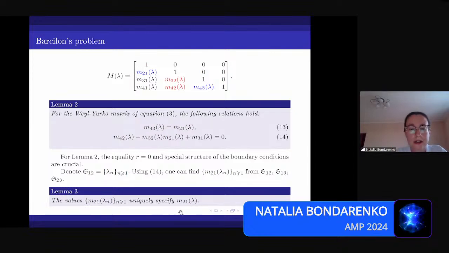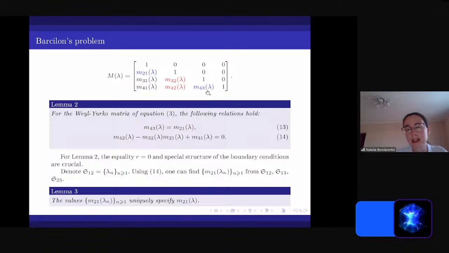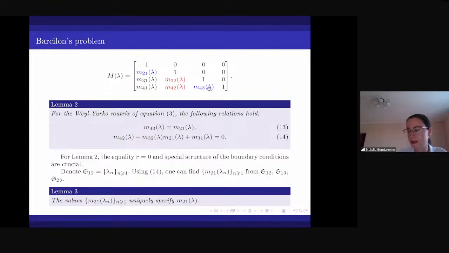So the element M21 is uniquely specified, and then we can apply the result of the general theory, which says that the coefficients P and Q are uniquely recovered from these three elements under the main diagonal. So this is the idea of the proof. So we see that the uniqueness theorem for Barcilon's problem holds under the separation condition.